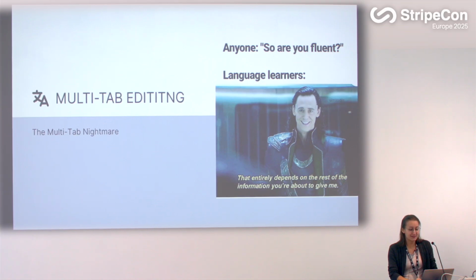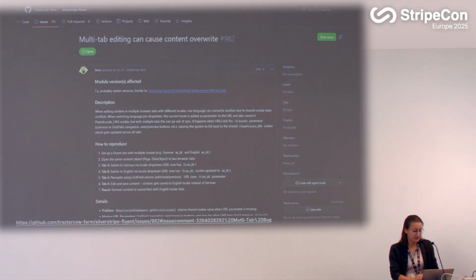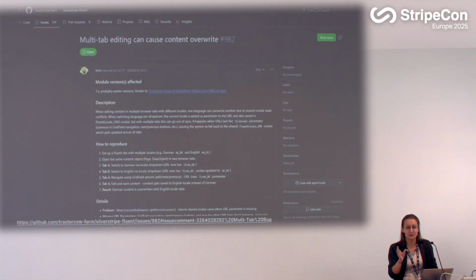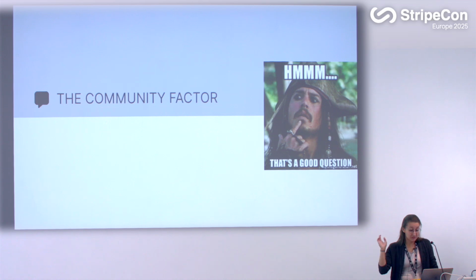But there is already an open issue by Learny. Thank you for that. Thank you to everyone who's working on that, because we ran into this bug, and also our clients did. So thank you for opening that issue and commenting on it. The community factor is my solution to problems if I can't fix them. So thank you all.